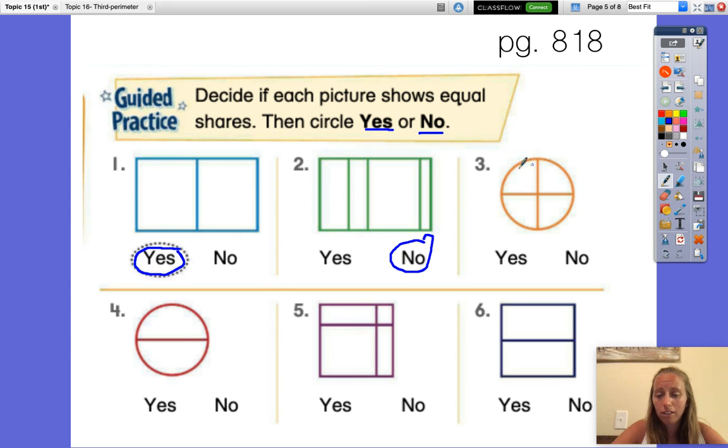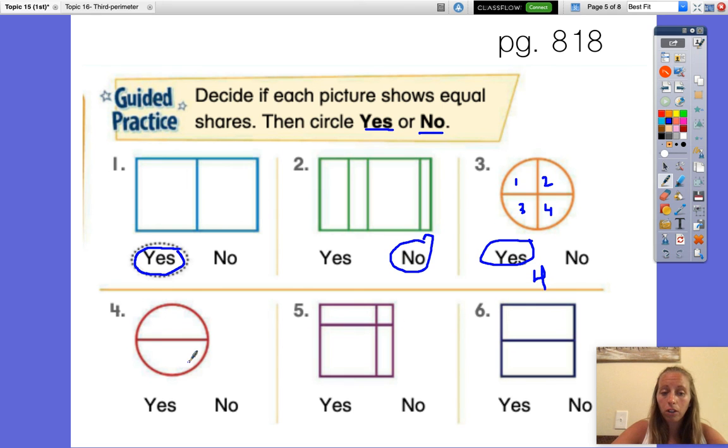This circle is cut into 1, 2, 3, 4 parts. And it looks like those are all the same size. I don't think any of them are bigger than the other. So we're going to circle yes. How many equal parts are in this shape? 1. You can number them if you need to. 2, 3, 4. There are 4 equal parts.